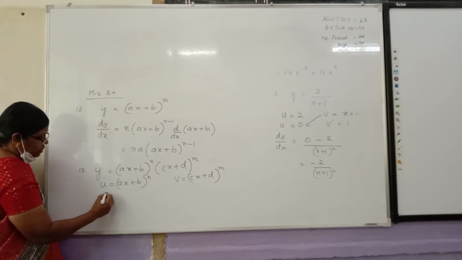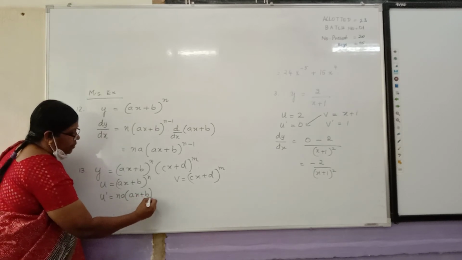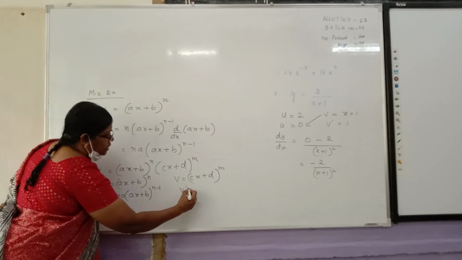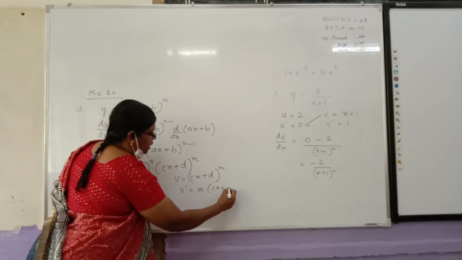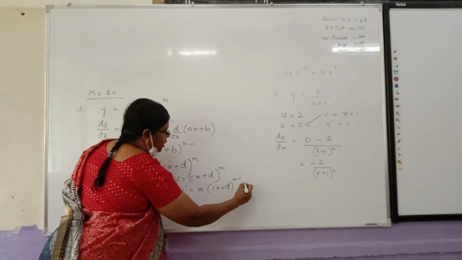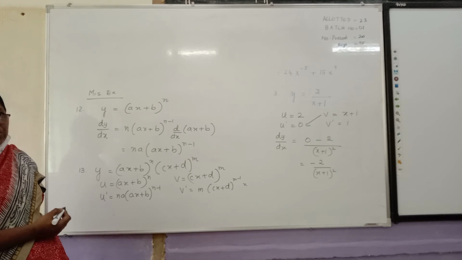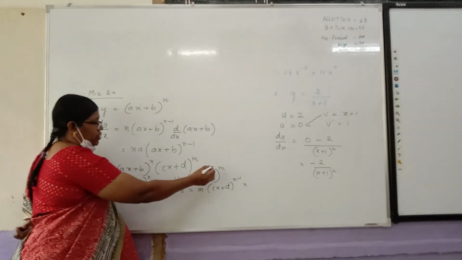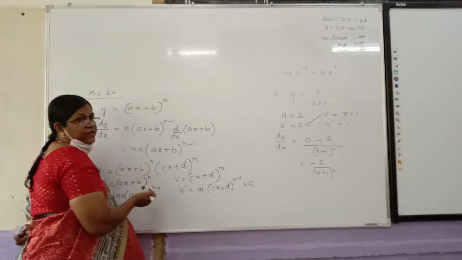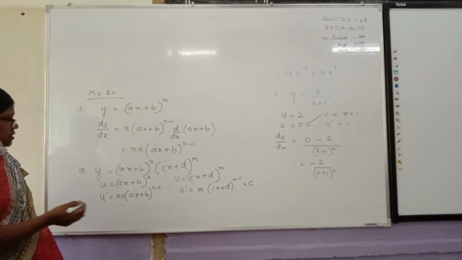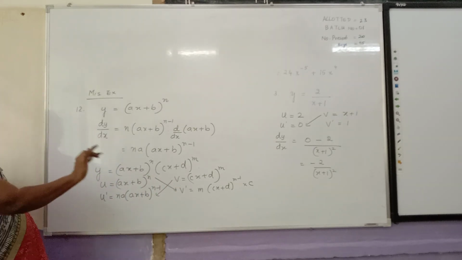So u dash is n into a, (ax plus b) the whole power n minus 1, v dash is m into (cx plus d) the whole power m minus 1 into what? First I brought the power down. Cx plus d differentiation is c. Cross multiply. All are letters only.